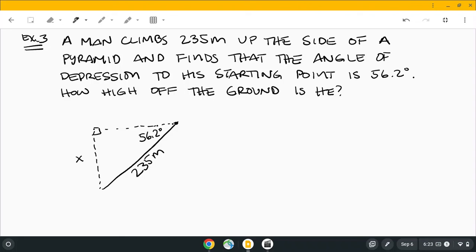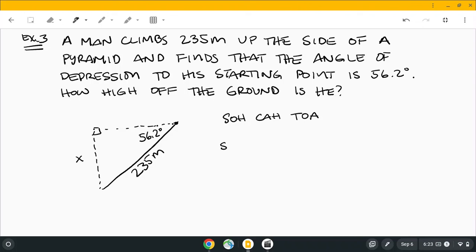All right. So here we are, 56.2 degrees. We have opposite and we have hypotenuse. That means we're going to be using sine.